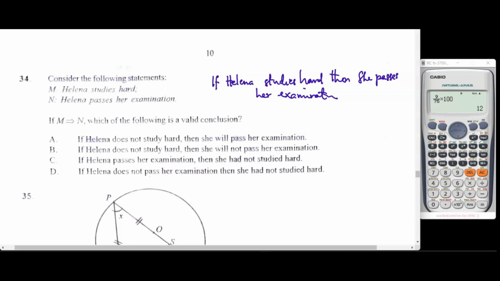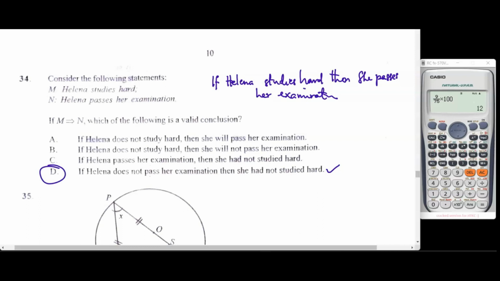That is when you have it as a true conclusion. But if you have a negation statement to be the antecedent, then it means that if Helena does not pass her examination, then she had not studied hard. Then it means that the statement D is going to be true, but the rest are not going to be actually true. So the possible answer for this question is D.